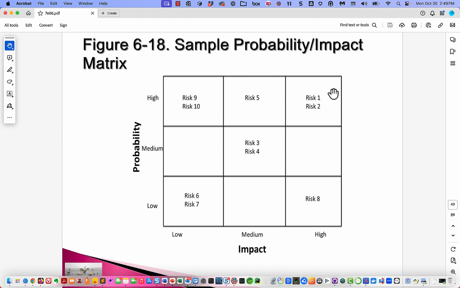By contrast, if you have a low impact risk that has a low probability of occurring, you might just want to keep your eye out. It's on your list of risks, so it must be worth your attention, but certainly nowhere near the attention that you're going to put into things up in this grouping, right?